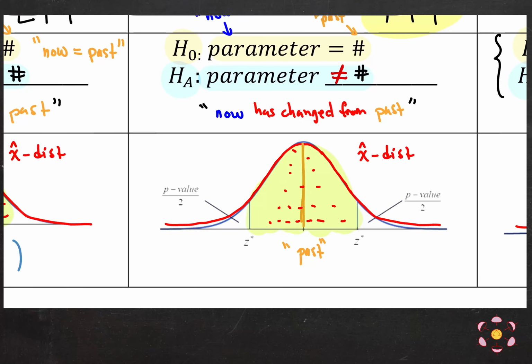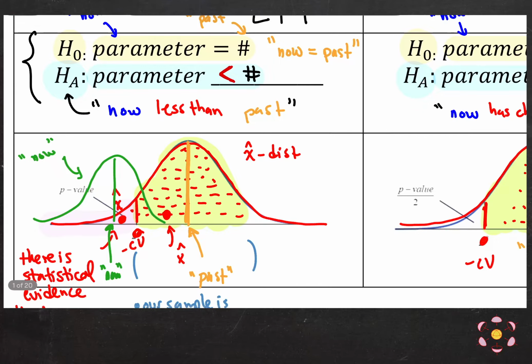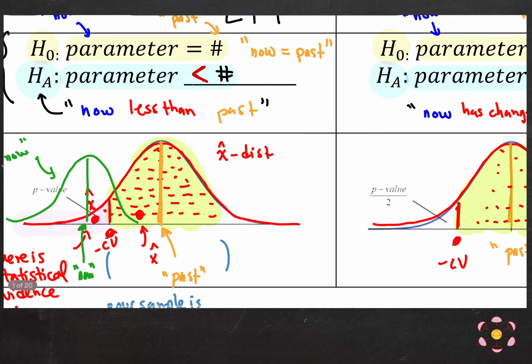We expect variation in data, so being a little bit away from the middle is normal if the null hypothesis is true. Of course, we make a cutoff here, and these are going to be critical values, so we've got the positive and negative one. And since I'm fixing my mistakes, I might as well put a little minus sign there, because it will be negative on the left tail.